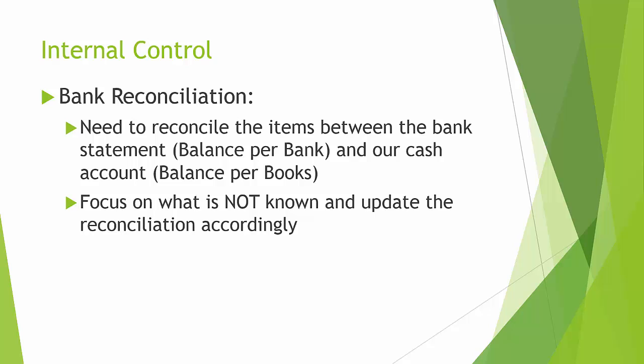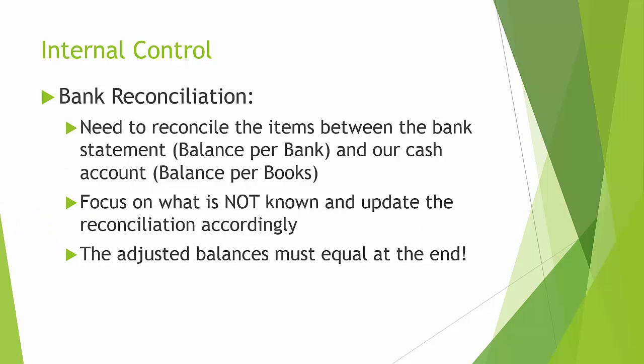Let's say the bank collected some money for us on our behalf. Well, we may not know that until we look at our bank statement and see that they did that. So it's really an exercise of figuring out what is not known by each side and dealing with those situations. Now, the adjusted balances at the end must equal, and if they do not, then there is a mistake.